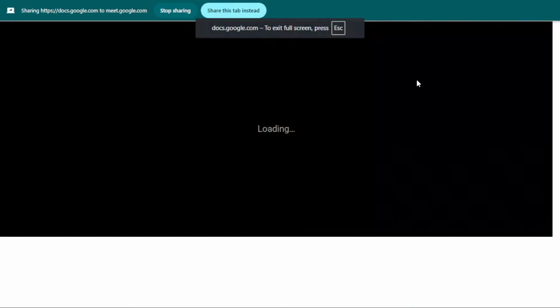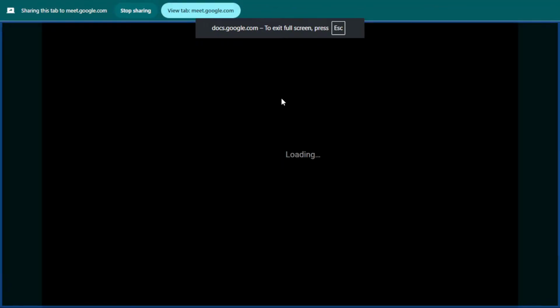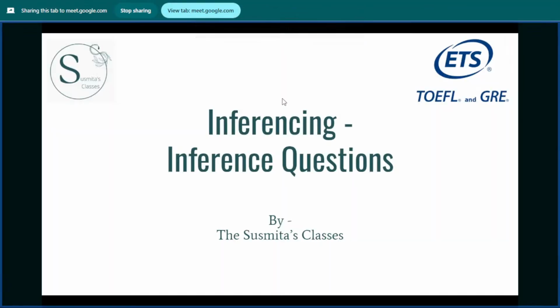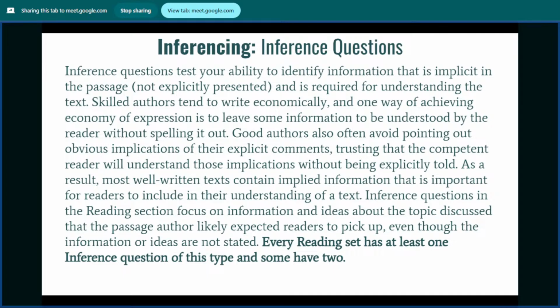Okay, next we have inference based questions. What do we mean by inference? Inference means basically when something is not mentioned directly, we are trying to infer the meaning. Things would not be mentioned explicitly, you have to understand the meaning.